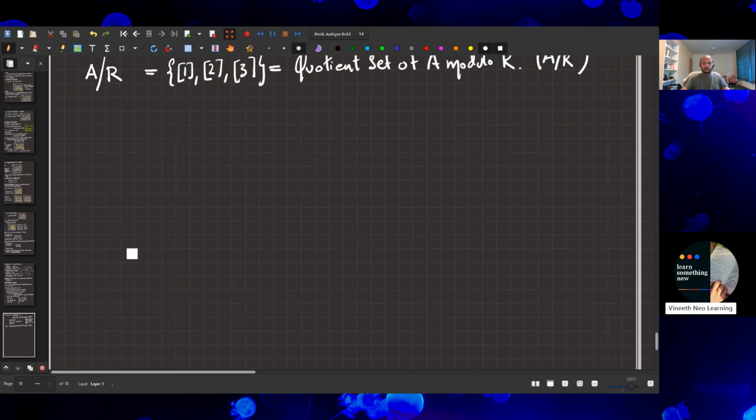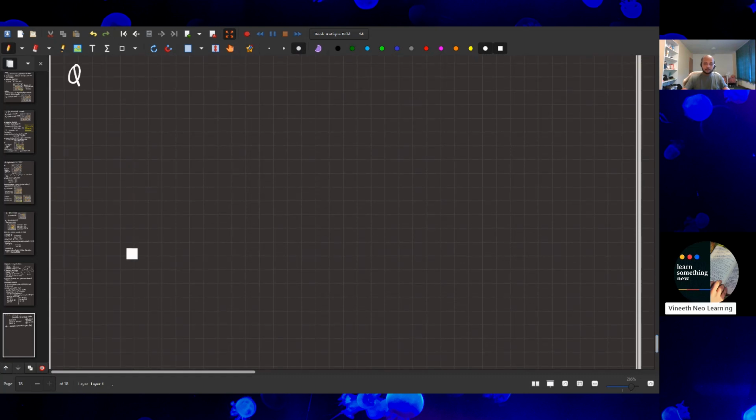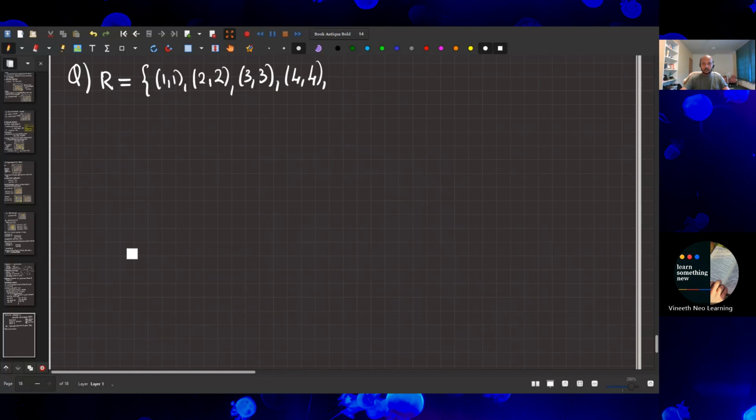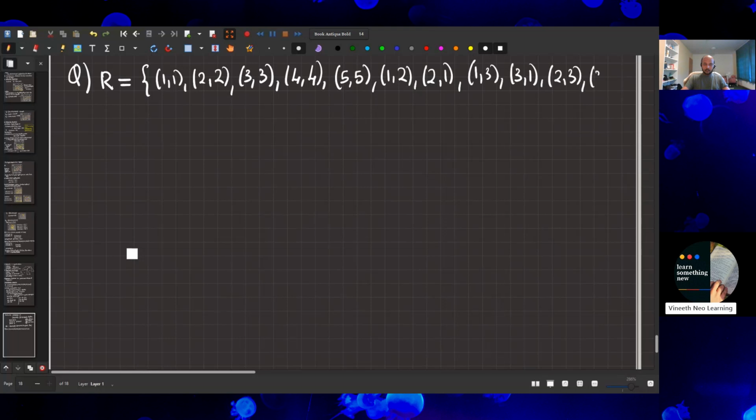Let's do another equivalence relation. The relation contains (1,1), (2,2), (3,3), (4,4), (5,5), then (1,2), (2,1), then (1,3), (3,1), then (2,3), (3,2), then (4,5), (5,4).